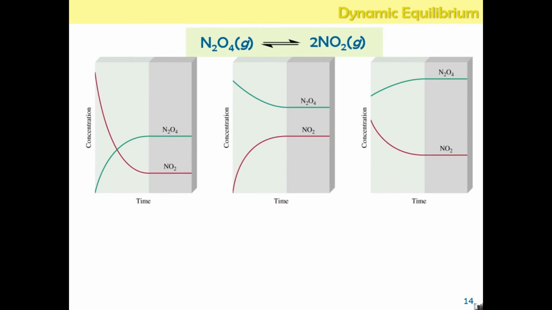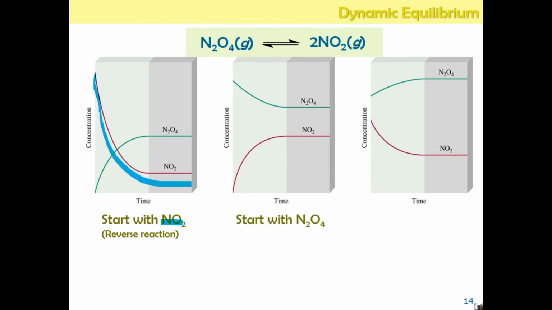There are three possible ways the reaction at equilibrium can occur, as explained below. First, the reaction starts from NO2. Second, it starts from N2O4. And the third is it starts simultaneously from NO2 and N2O4.